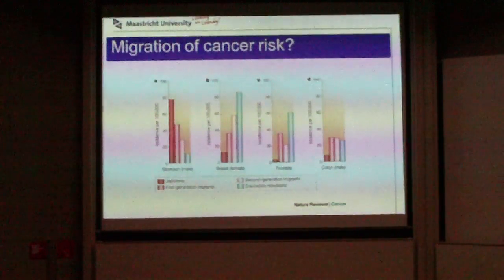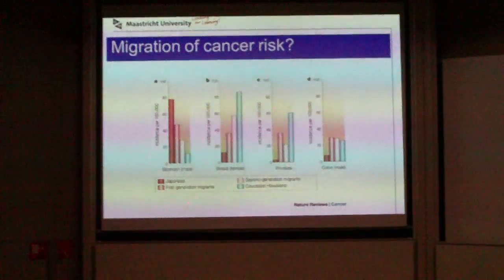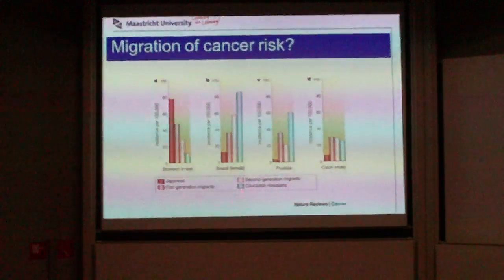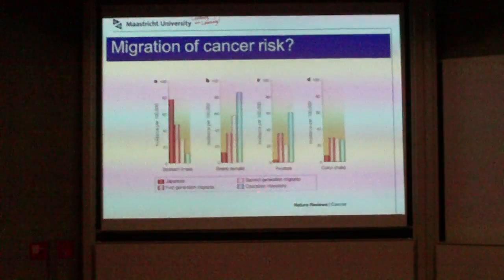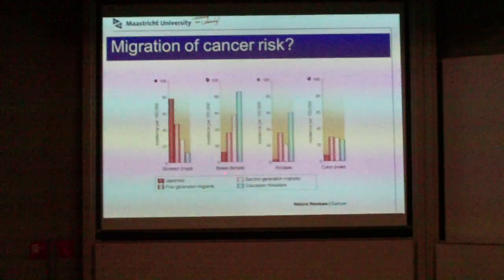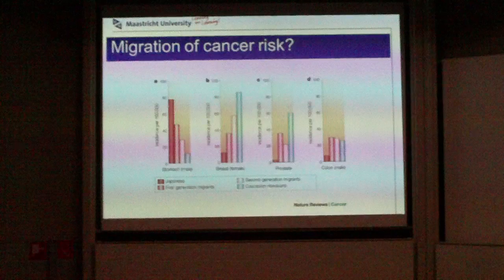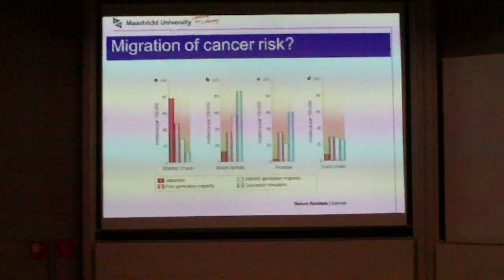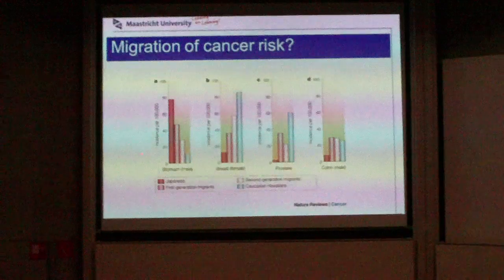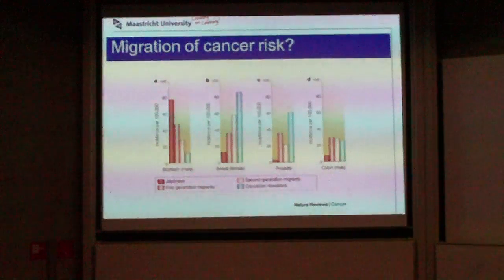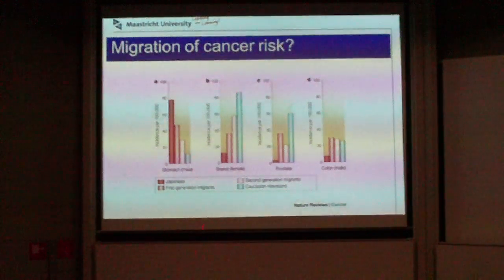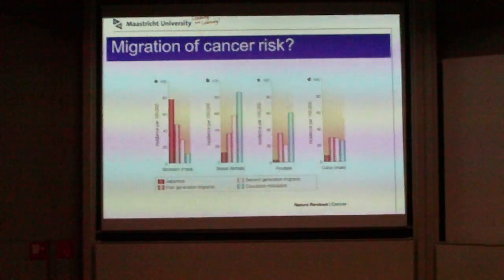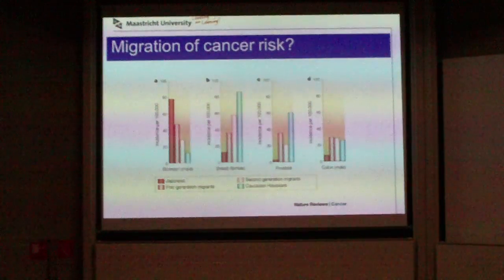Now, if you look at what happens, taking this Japanese population, looking at the first generation migrants, or the second generation migrants migrating from Japan to Hawaii, what you see here for stomach cancer is that in this first, second generation, the incidence of stomach cancer decreases and comes closer to the cancer rate of the population in the area where they live.